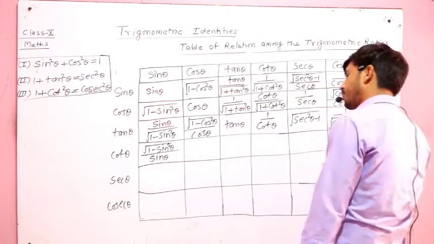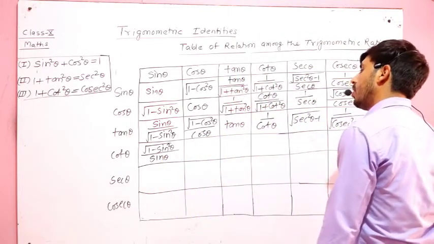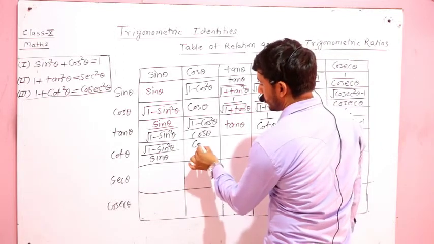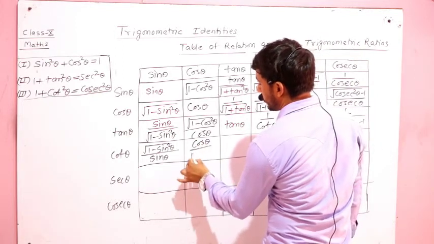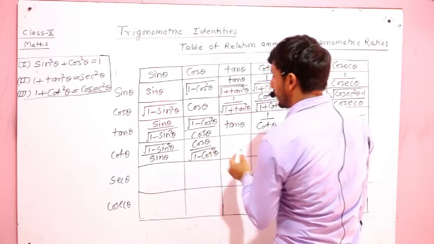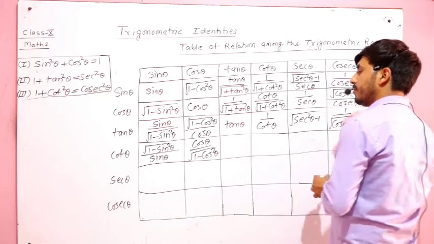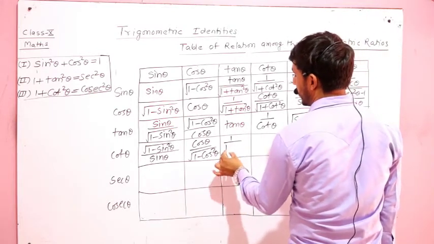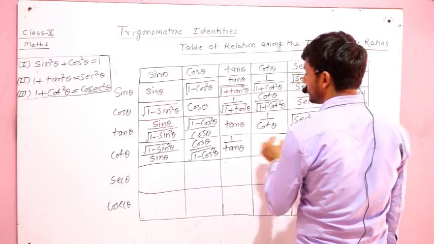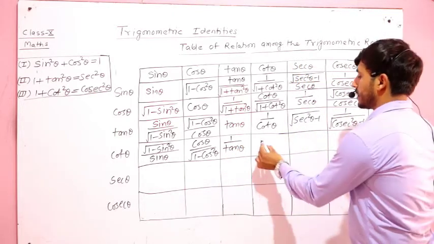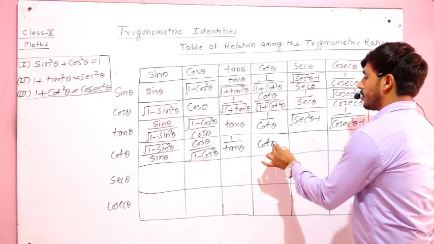Next relation, we have to find cot theta in terms of cos theta, and that is given as cos theta divided by root of 1 minus cos square theta. Next, cot theta in terms of tan theta, and that is given as 1 upon tan theta. Next relation, cot theta in terms of cot theta, that can be given as cot theta.